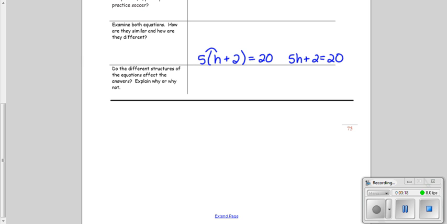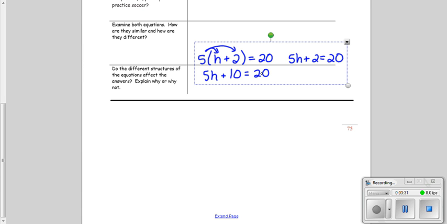So if we distribute the 5 to the practice daily, that gives us 5 days times H hours per day, plus a total of 10 hours for piano. And if we compare that to Jake's equation, Jake practiced only 2 hours of piano and Heather practiced 10 hours of piano. Since they both had a total of 20 hours of practice, you can see that Jake will have more soccer hour practice total than Heather would.